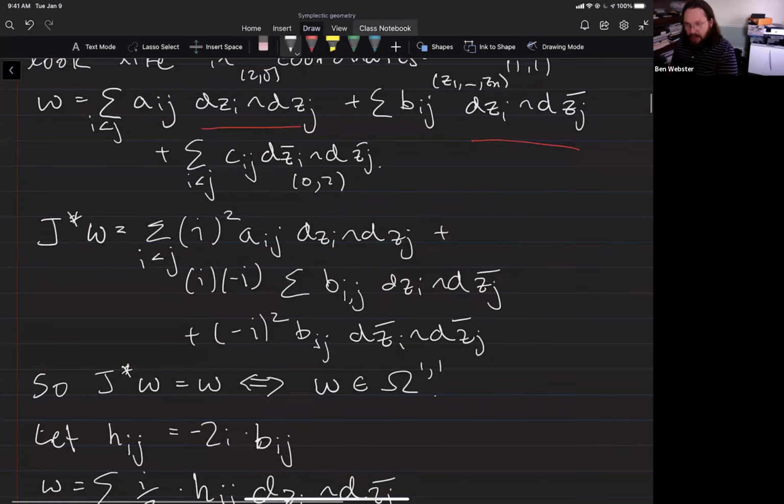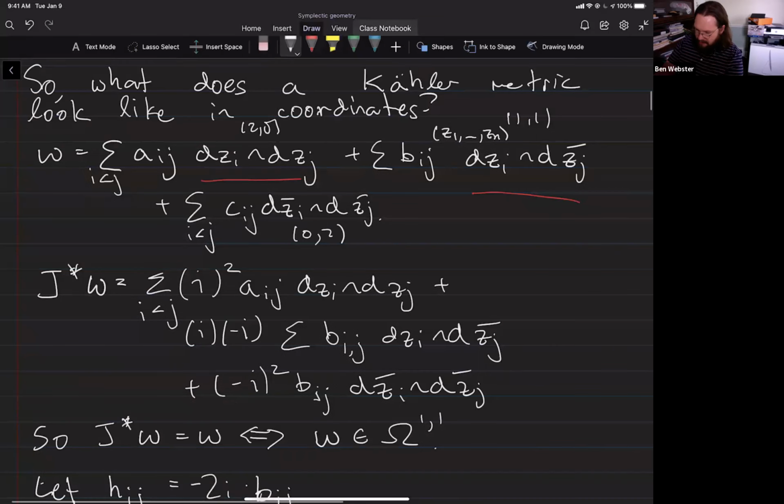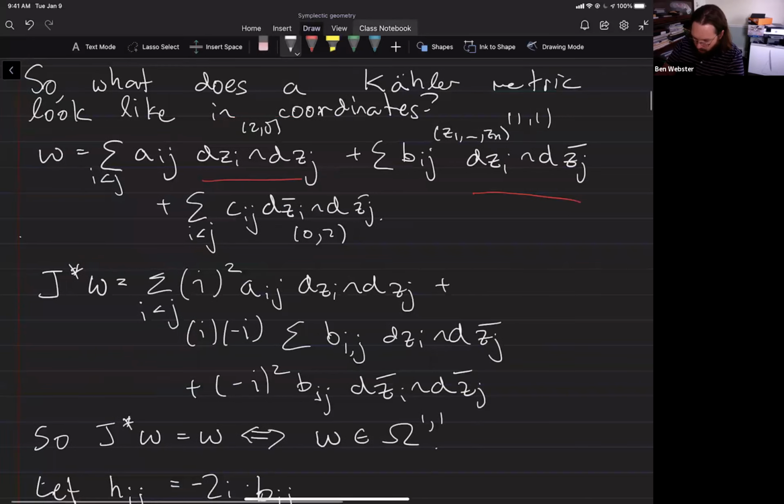So if you think about that for a minute, that will actually tell you that you can't have any contribution from the 2,0 form, and you can't have any contribution from the 0,2 form. And the reason is, so this J star, that just means look at the 2 form omega(JU, JV). So that's supposed to be the same as omega.